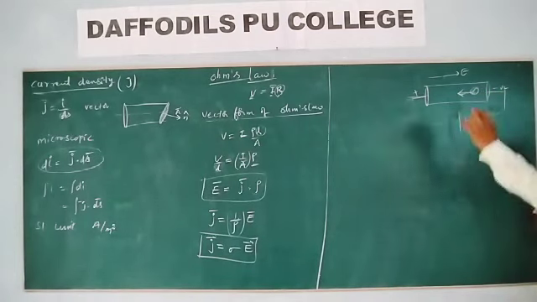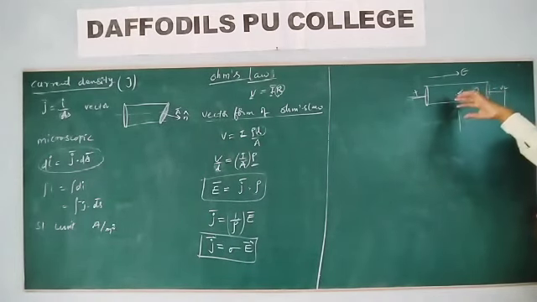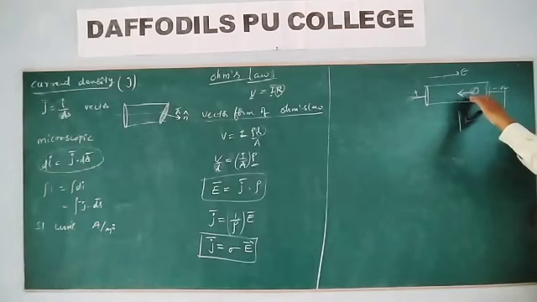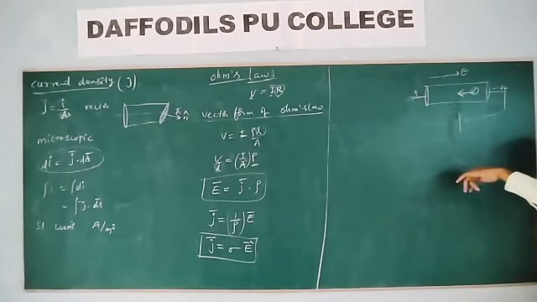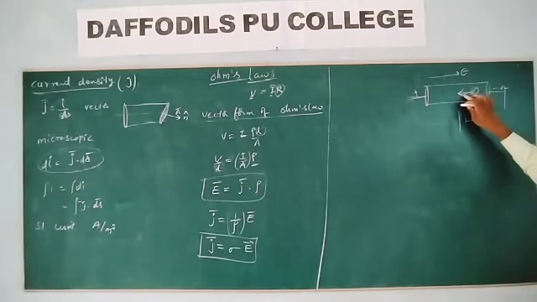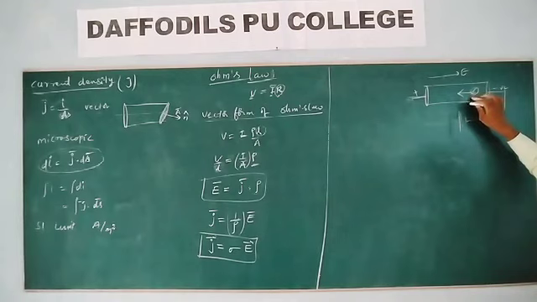Is it in acceleration or retardation? It is in retardation, because the force is acting opposite to the direction of the electric field, and because of this retardation there is some opposition offered to the electron.